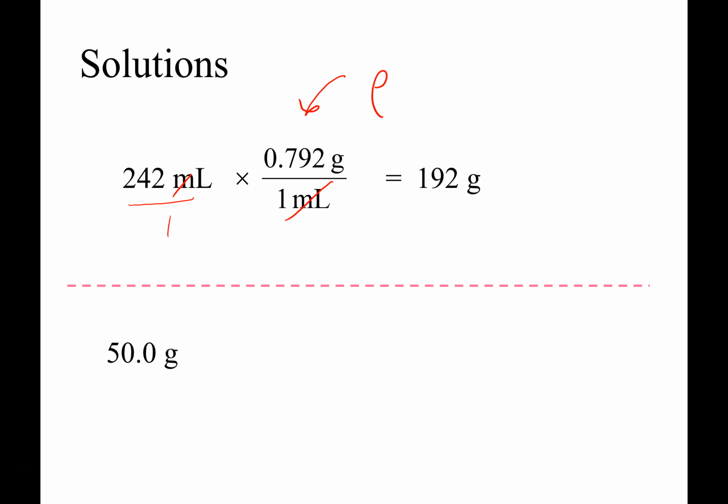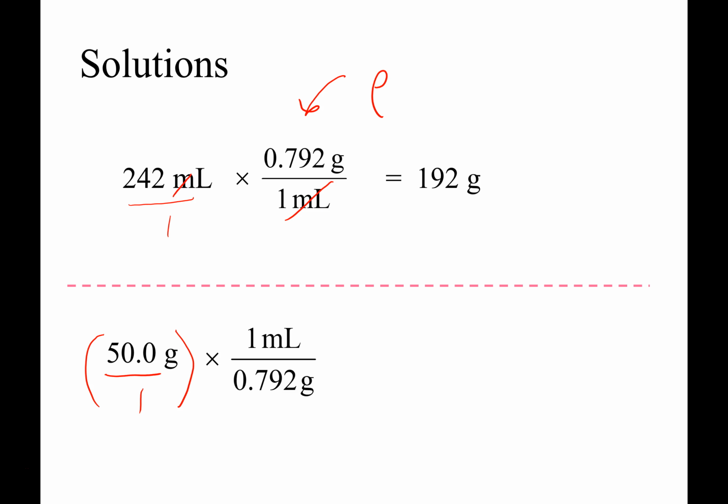For the second problem, we were given a mass, 50.0 grams, and we're supposed to convert it to milliliters, or to volume. So what can my second term do to have grams cancel and be left with milliliters? Yep, 1 milliliter on top, exactly. It's the inverse, or the flip, of the density.